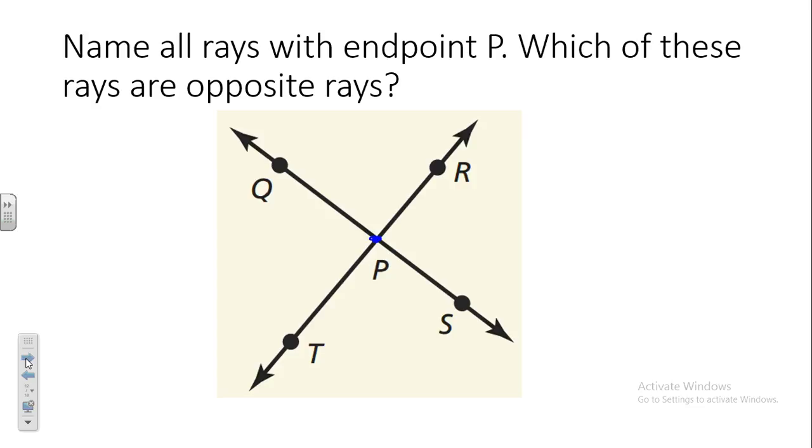So I want you to try to name all the rays with endpoint P. And what's the special thing that we have to remember about when we're naming rays? Start with the endpoint, and then tell me which direction you're going. Excellent, you're a natural.